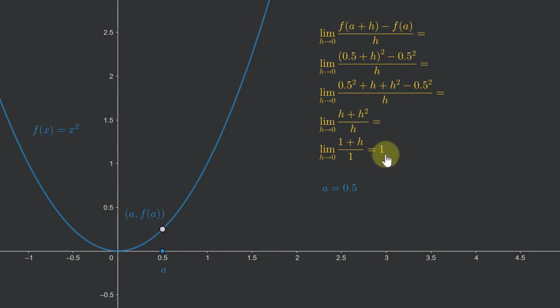And this justifies that we can draw a tangent at this point a, f of a, with a slope of 1. It is important to observe that the animation wasn't able to give us this result, even though it was obvious that the sequence of the slopes approached 1.